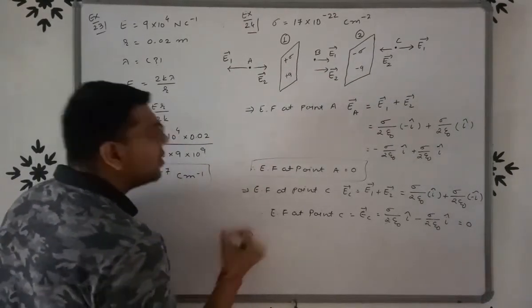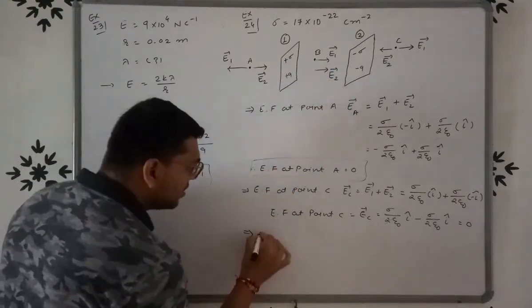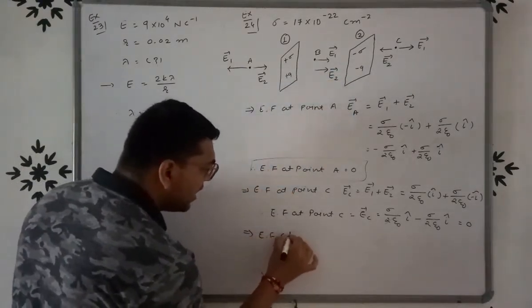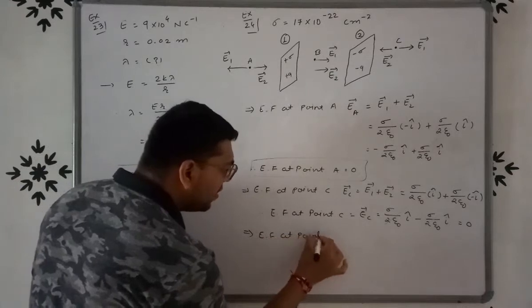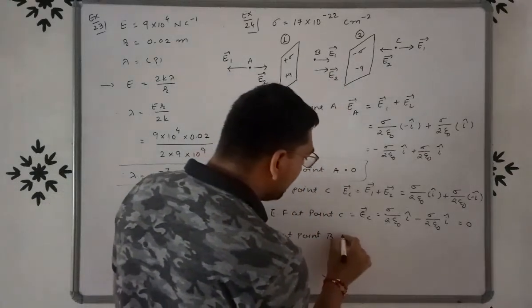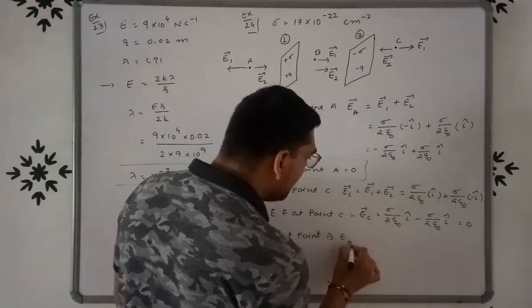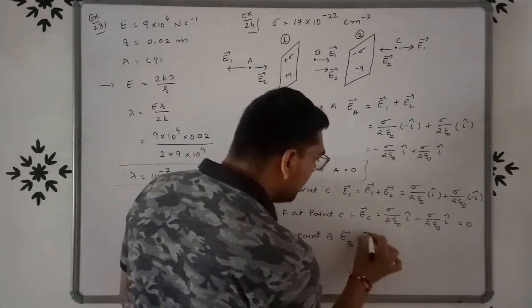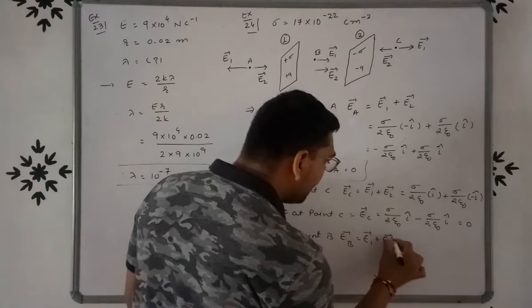Now between these two plates, that means the electric field at point B, which is between these two sheets. EB is equal to E1 plus E2.